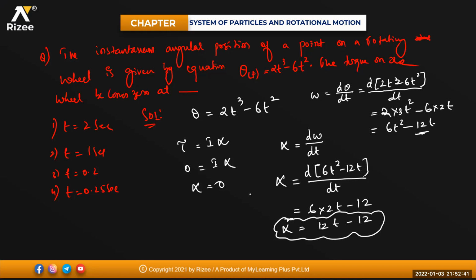Because net torque is 0, alpha is 0. So 0 equals 12t minus 12, that means 12t equals 12, so t equals 12 by 12, that is 1 second. So t equals 1 second, the torque acting on the wheel will become 0.